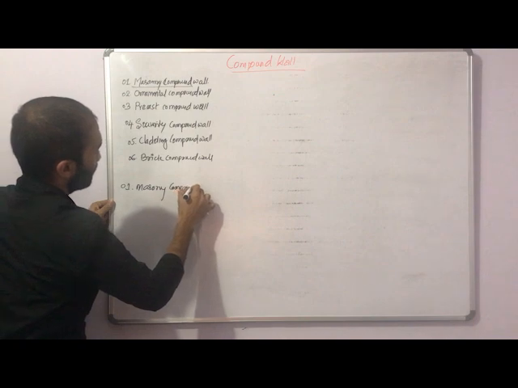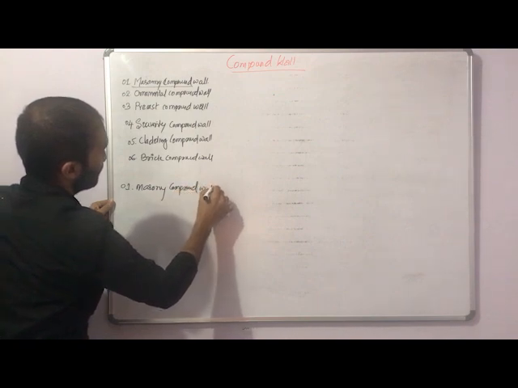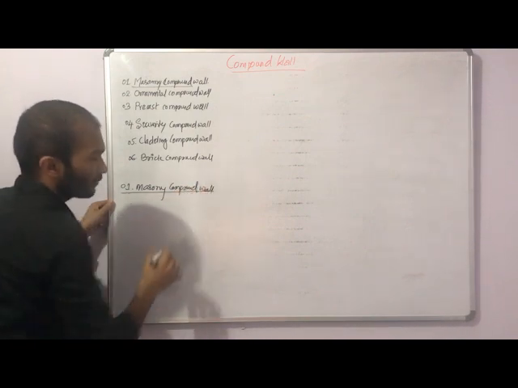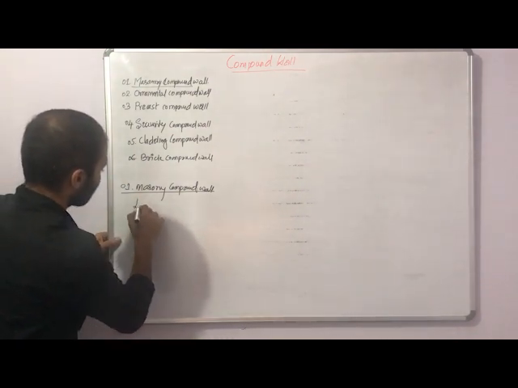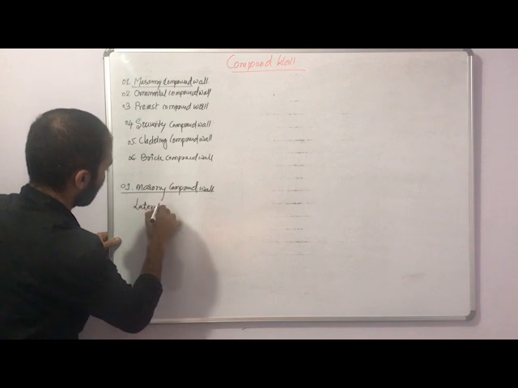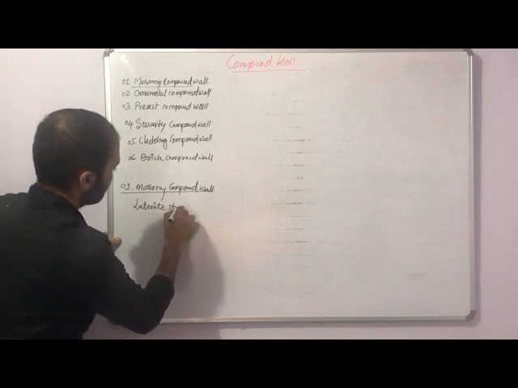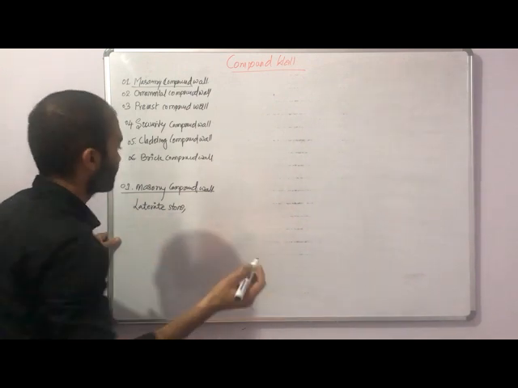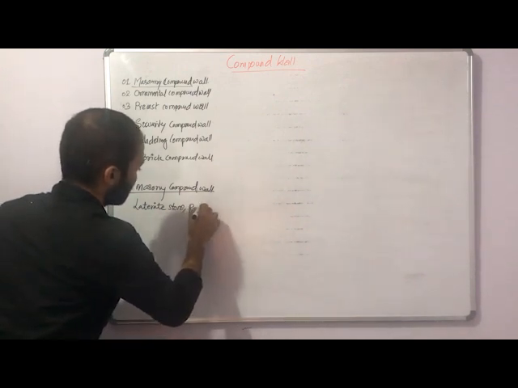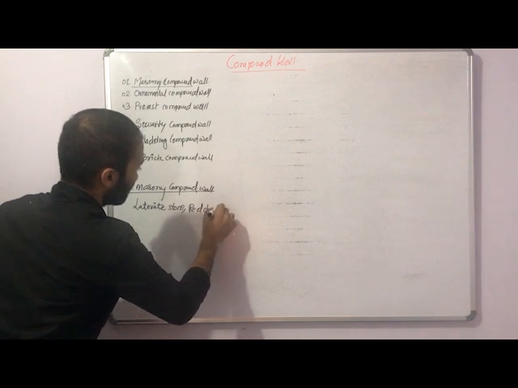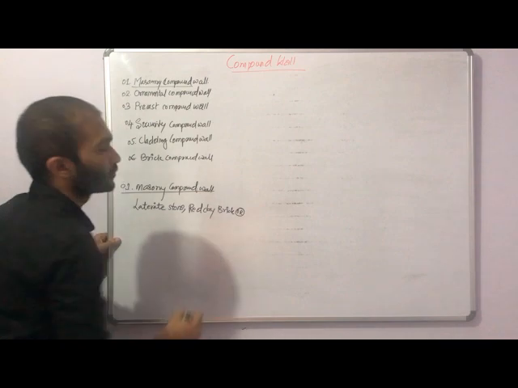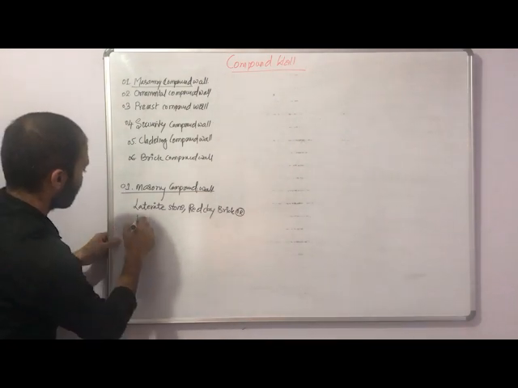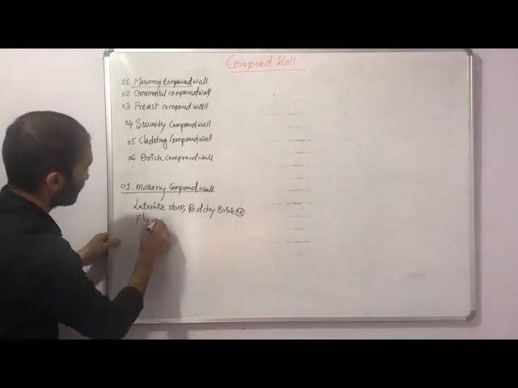In this compound wall, we use the basic raw materials such as laterite stone, or red clay bricks, or even fly ash bricks.